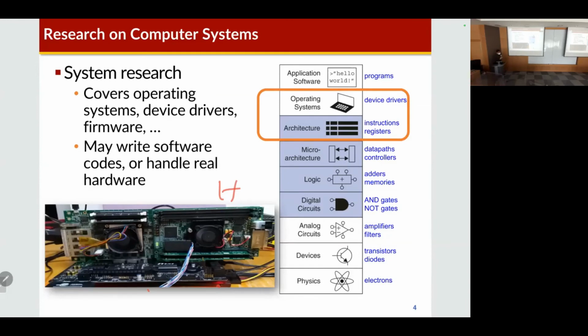So we can change some architecture in this board, like in this chip, but this change is also limited because it's hardware, right?